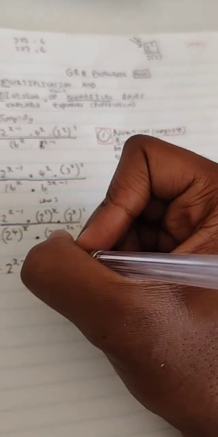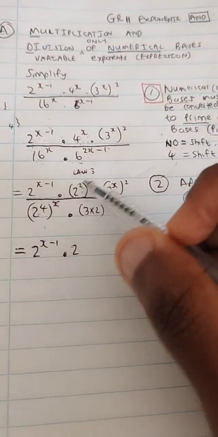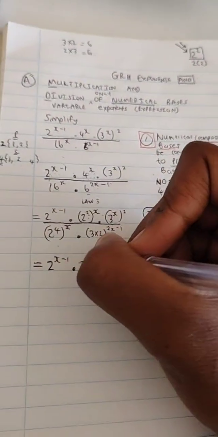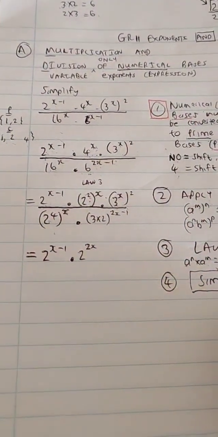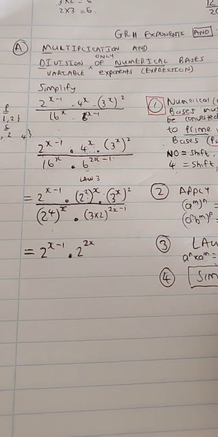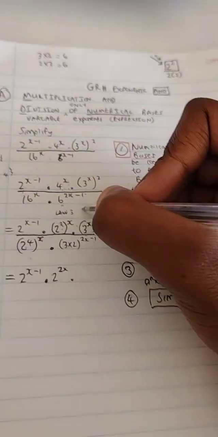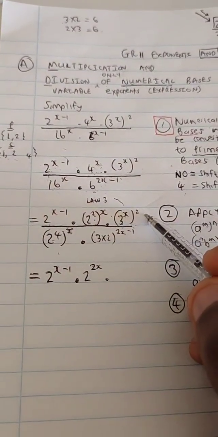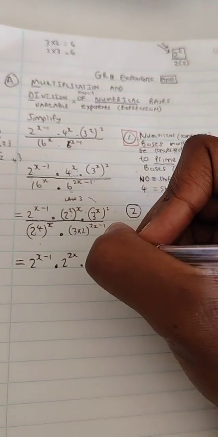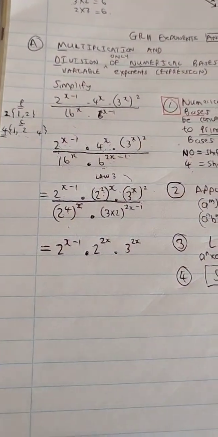So our answer there is going to be what? 2 to the power, what's 2 times x? 2 times x is equal to 2x. Okay. Then here law number 3 can also be applied. What's x times 2? That also is going to be 3 to the power 2x. Okay.